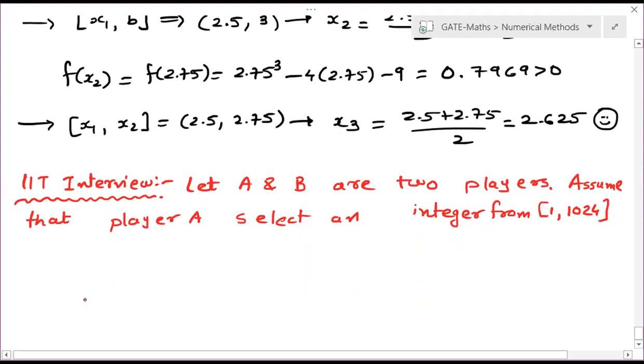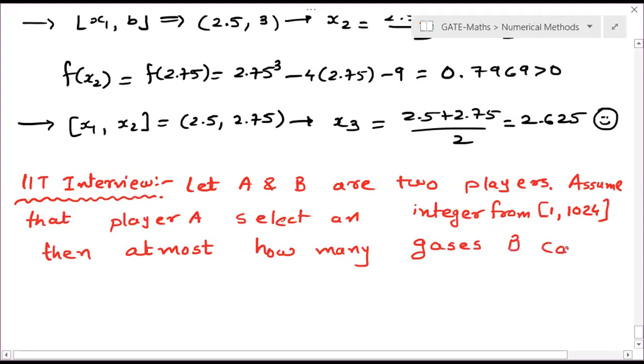Player A is selecting any integer from 1 to 1024. Then at most, what is the meaning of at most, students? Maximum or minimum? Then at most, how many guesses can B take to guess the number using an optimal strategy?